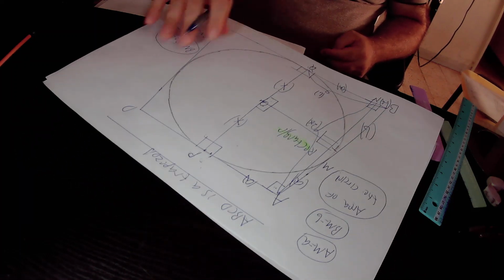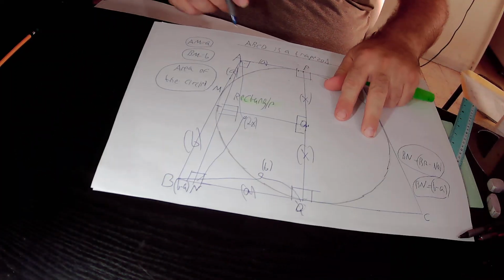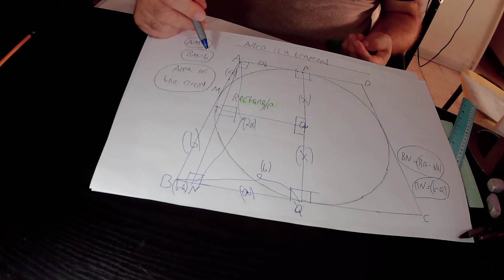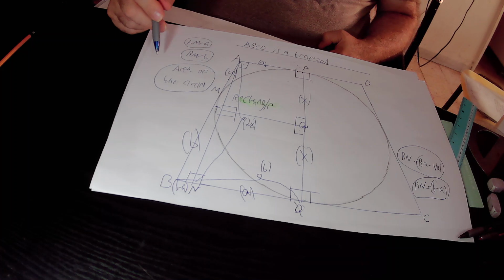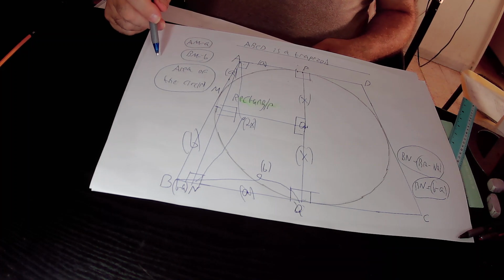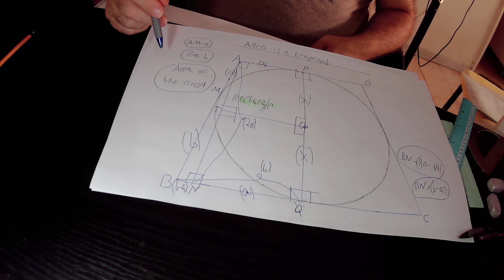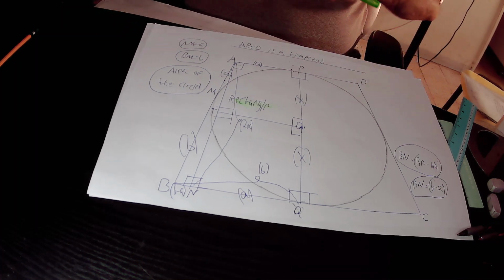In the next step, I'll copy the right triangle ABN to a new page, and we'll implement the Pythagoras theorem on this right triangle. According to the Pythagoras theorem, in any right triangle, the square of the hypotenuse equals the sum of the squares of the perpendicular sides.